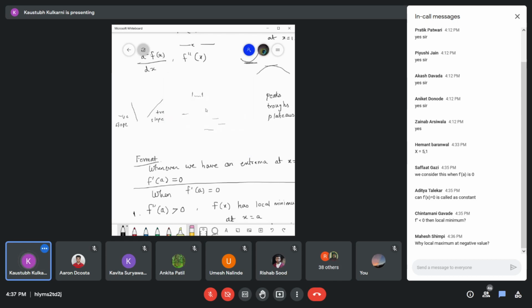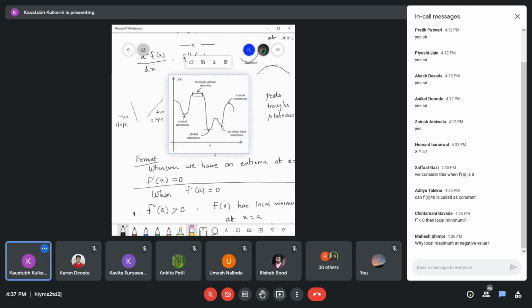At this point the slope was negative, negative, negative. Then it became 0 over here, and now it is a minima, and now the slope will begin becoming positive. Let's say at this point and at this point, the magnitude of the slope is the same, but the sign is different.